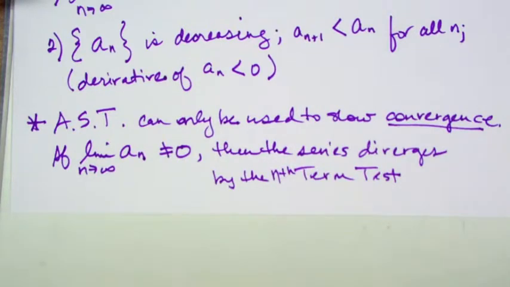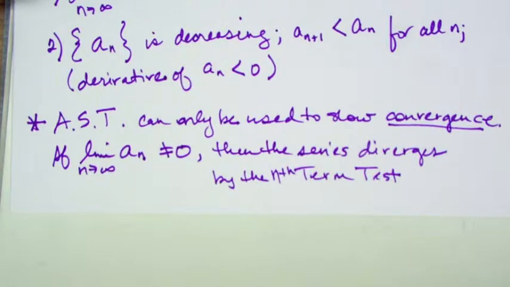So remember, the nth term test can only be used to show divergence. Alternating series test can only be used to show convergence. So if we use the alternating series test and it shows that it's not converging, to prove that, we have to use the nth term test to figure out divergence? Well, basically, here's what happens. When you do the alternating series test, the very first thing that you perform is the nth term test, right?